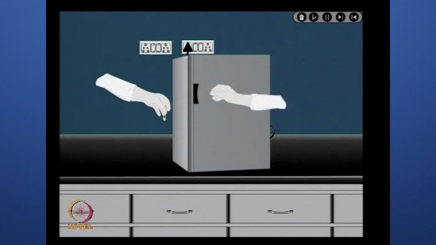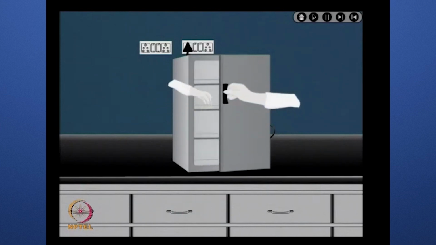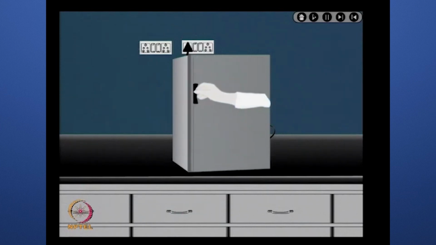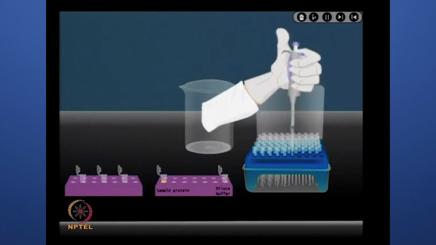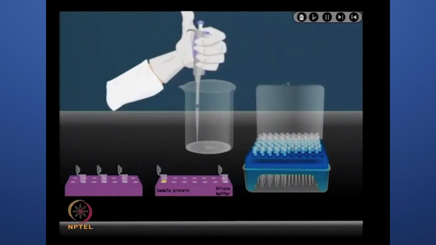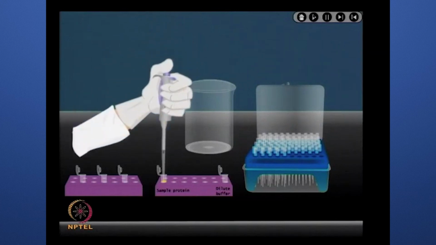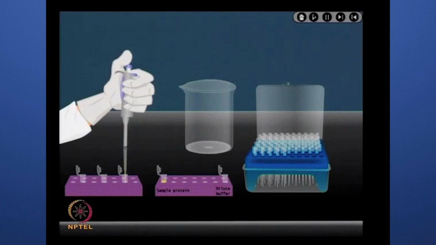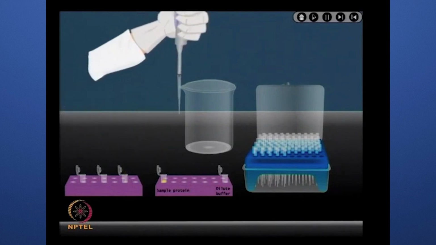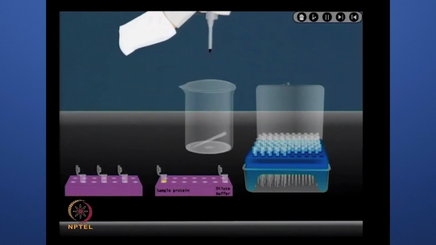During this animation for the sample preparation, I will describe one method which we are currently using in my laboratory, where we have tried combining different methods available from different published protocols. So, the crude serum can be diluted 5 times with phosphate buffer pH 7.4.